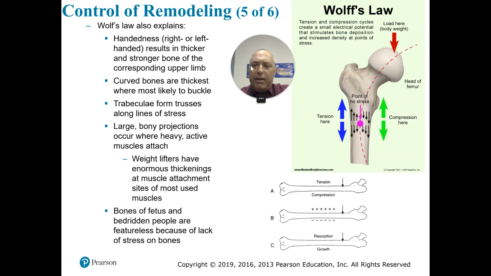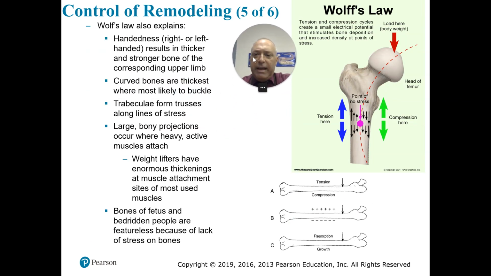So Wolff's Law explains that handedness, left or right, results in thicker and stronger bones in the corresponding upper limb. Curved bones are thickest where they are most likely to buckle. Trabeculae form trusses along the lines of stress.